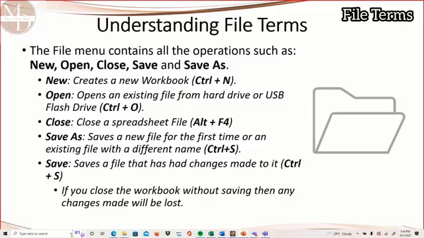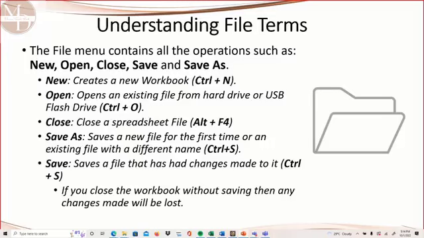New means creating a new workbook, which is Control N. Open means to open a file that you already saved in your system, in your flash drive, or maybe hard drive. Closing means closing a file that you already opened. Then save as.